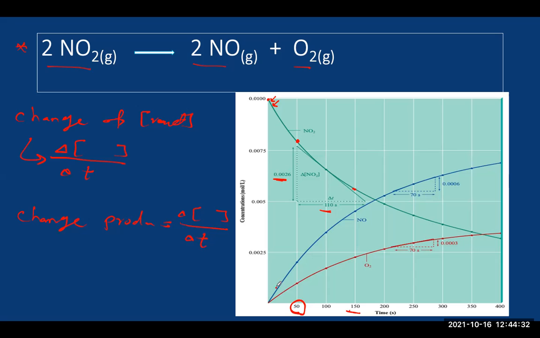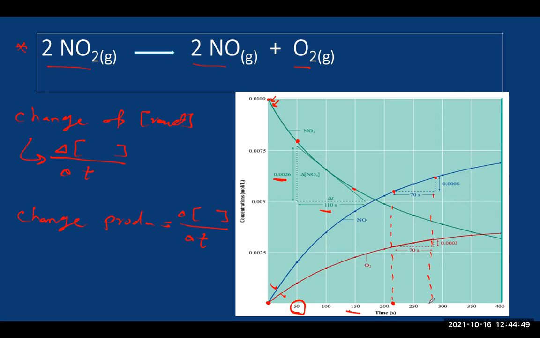As we see, these are the two products, and they start from 0 and they will increase by time. And to calculate the change of any one of them, we need to choose a specific area or a specific time and calculate the change between this time.